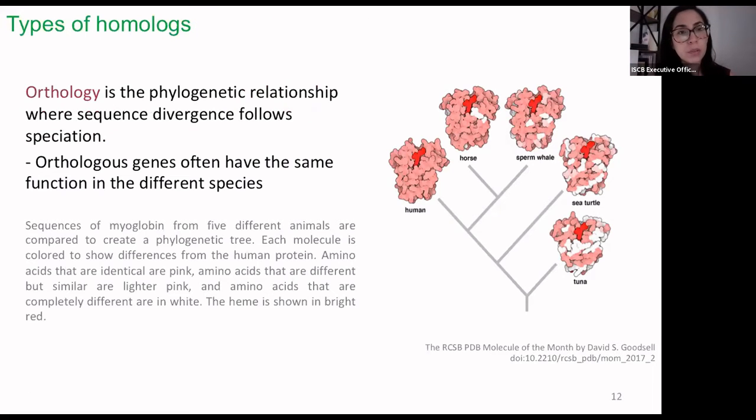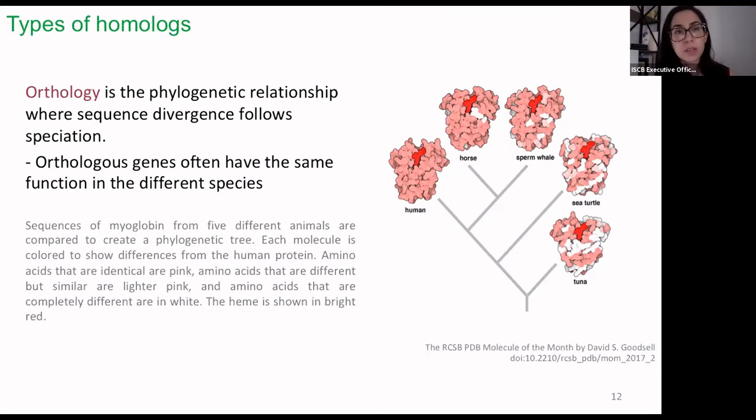To be able to compute these phylogenies, we need not only homologs, we need a specific type of homolog, and it is the orthologs that we are looking for. So orthology is the phylogenetic relationship where sequence divergence follows speciation.